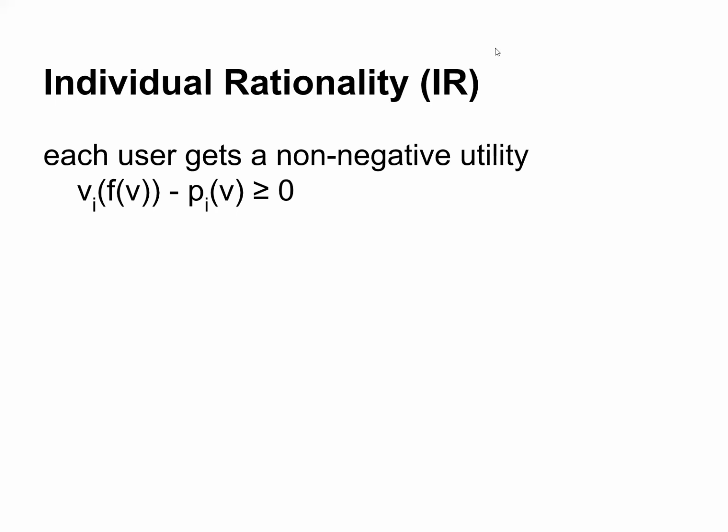Well, that's true. But remember that when you are designing the mechanism, you're designing the social choice function, the allocations, and the payments. And you have the full freedom in how you allocate the resources and how you make the users pay, or how you pay to the users. You don't have to be budget balanced or anything. You just want the users to be happy.